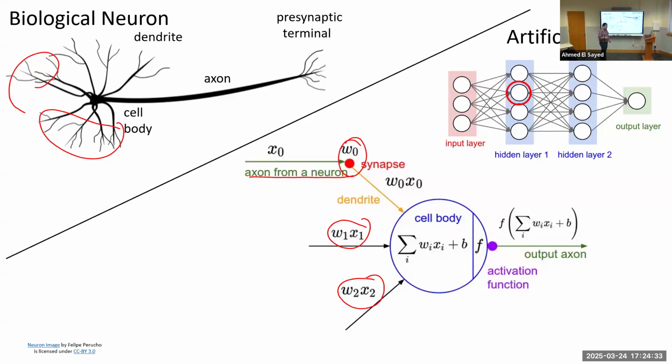So if some signal coming from the heart should have a higher priority than the signal coming from the finger, because if the heart stops, what will happen? You will die. If your finger is bleeding, you'll not die. There's a signal coming from here and a signal coming from here, but this one has lower priority than the signal coming from the heart. So the weights here give priority to the signal, depending on the source that sent it.